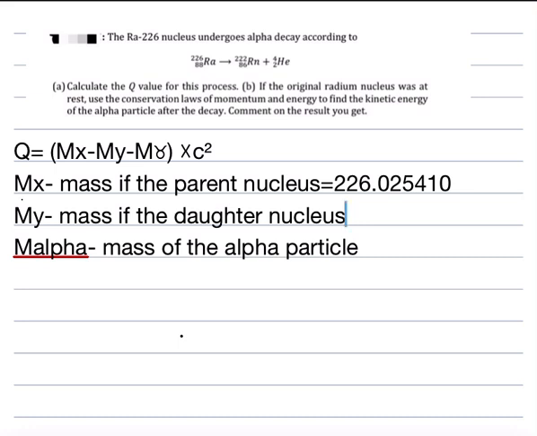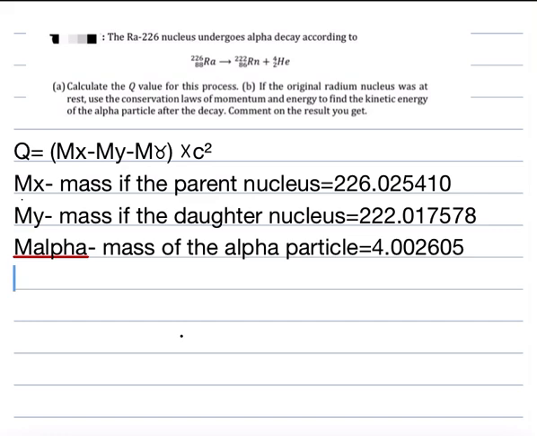Then the mass of radon is 222.017578. Then the mass of the alpha particle from our data booklet is 4.002605. So those are the values that we're going to use.